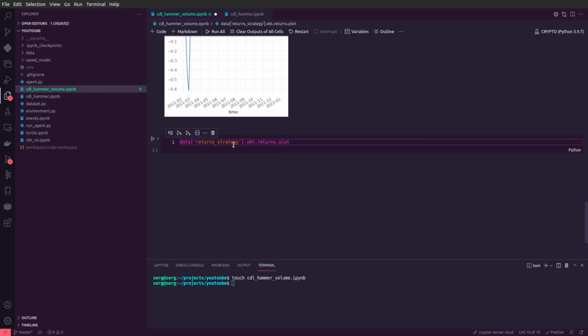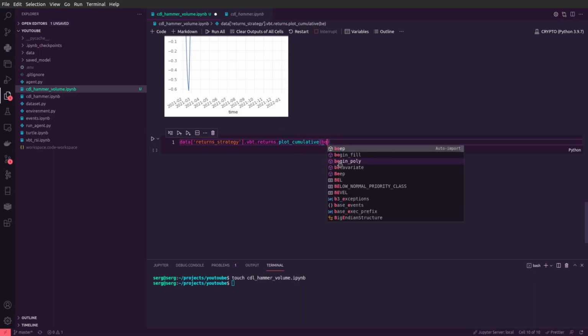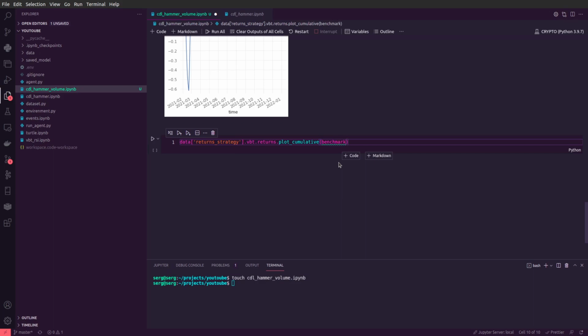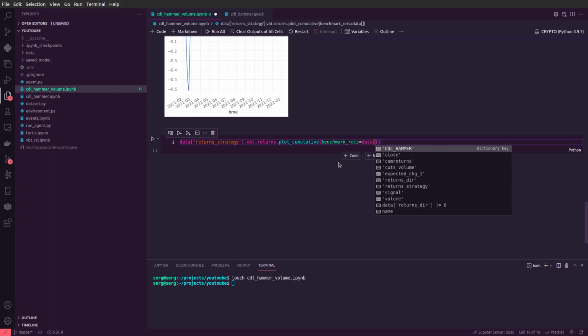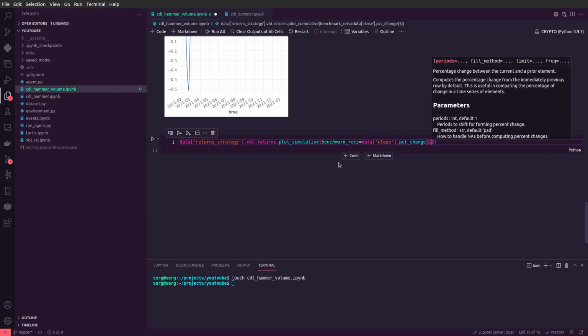Next we need to plot cumulative data. And we have an argument, like a benchmark. Let's indicate it. Benchmark returns would be the close data of Bitcoin USDT, and I need the percent of change for this data.